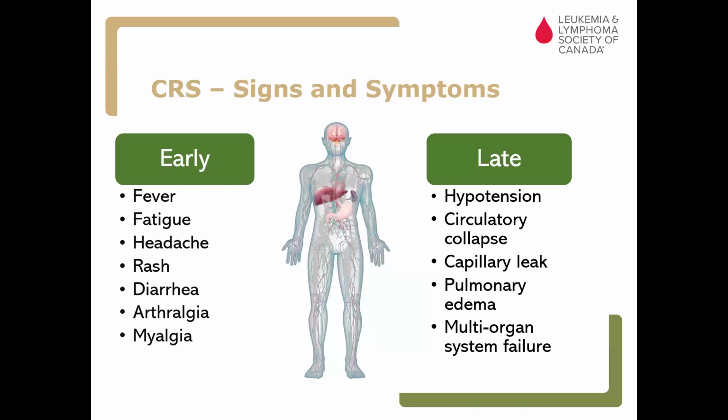CRS typically manifests as a fever paired with several nonspecific clinical findings, such as fatigue, headache, rash, arthralgia. Later and more severe cases of CRS can lead to multiple organ dysfunction and failure, or can progress to systemic inflammatory response syndrome, or SIRS, which can be serious and life-threatening.